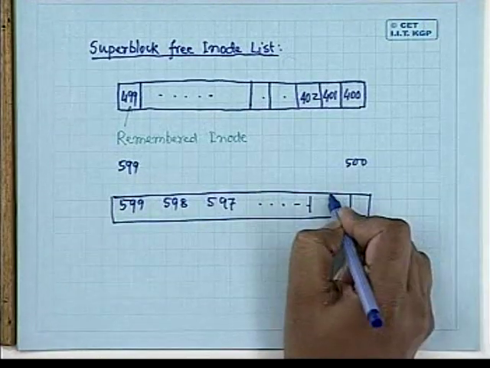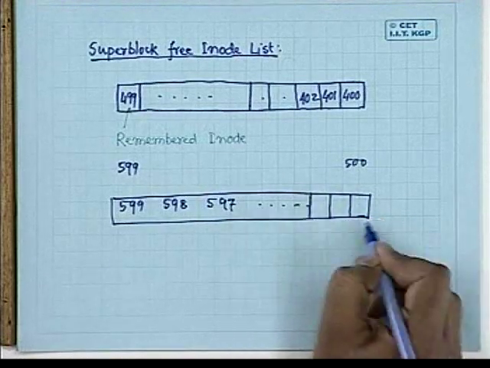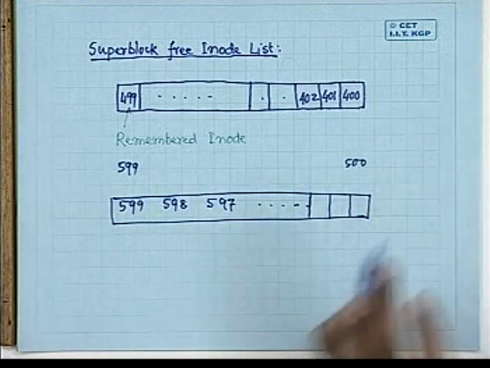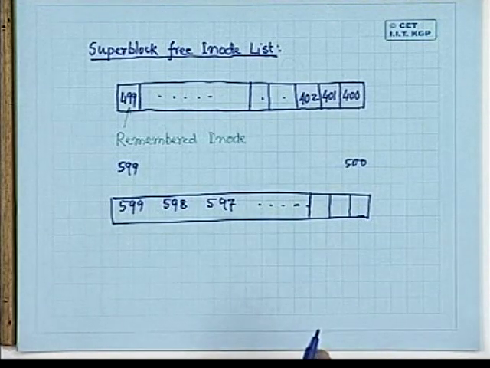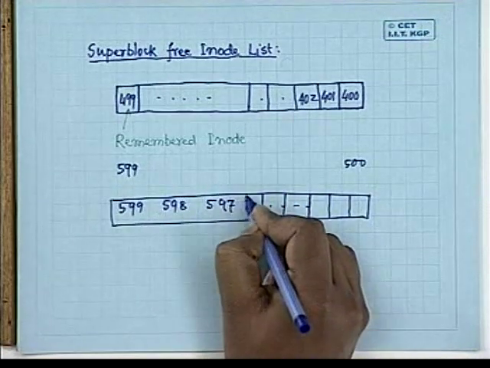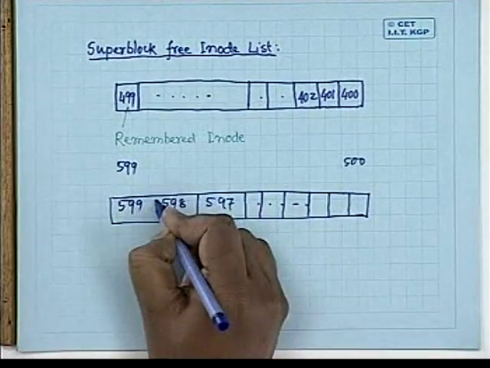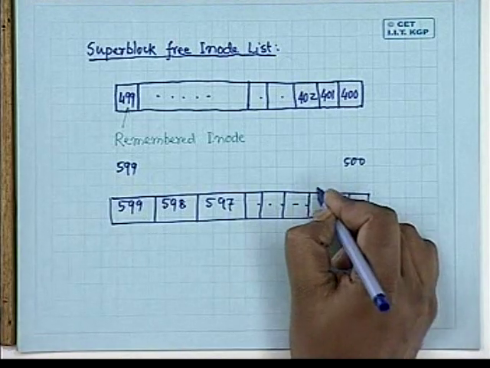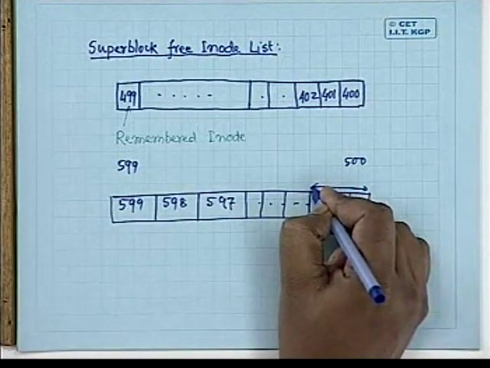Suppose these are all empty entries, indicating that these inodes which were in the superblock free inode list have been allocated. And I have other entries which are filled up by inodes, something like this. So these three are empty entries.